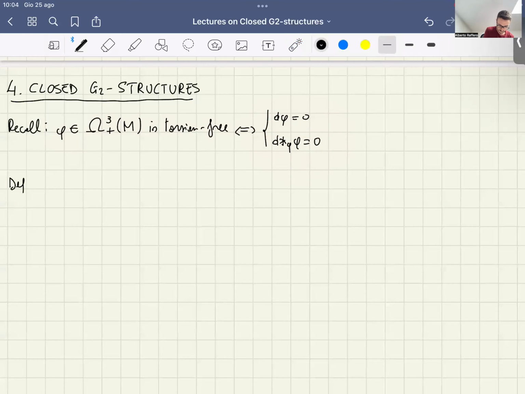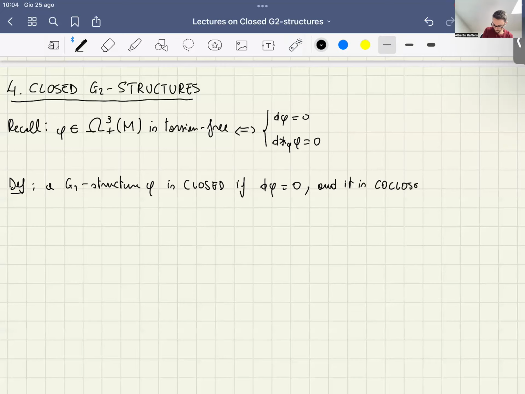So we say that a G2 structure phi is closed if the defining three-form is closed and it is co-closed if the four-form given by its Hodge dual is closed.